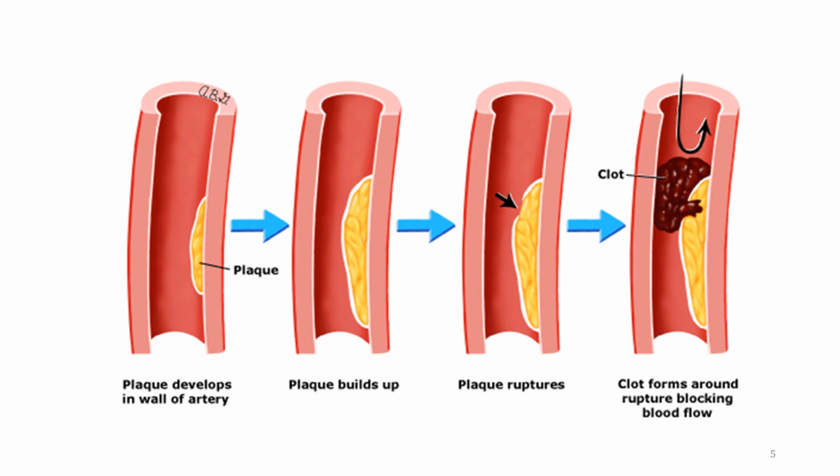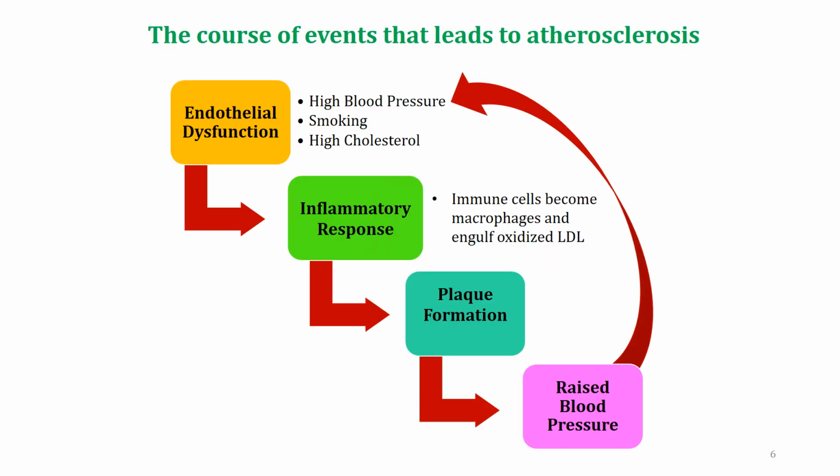Here's a visual guide showing how plaque forms step by step. It starts with damage to the artery wall and ends with fatty deposits blocking the blood flow. Atherosclerosis follows a chain of events.